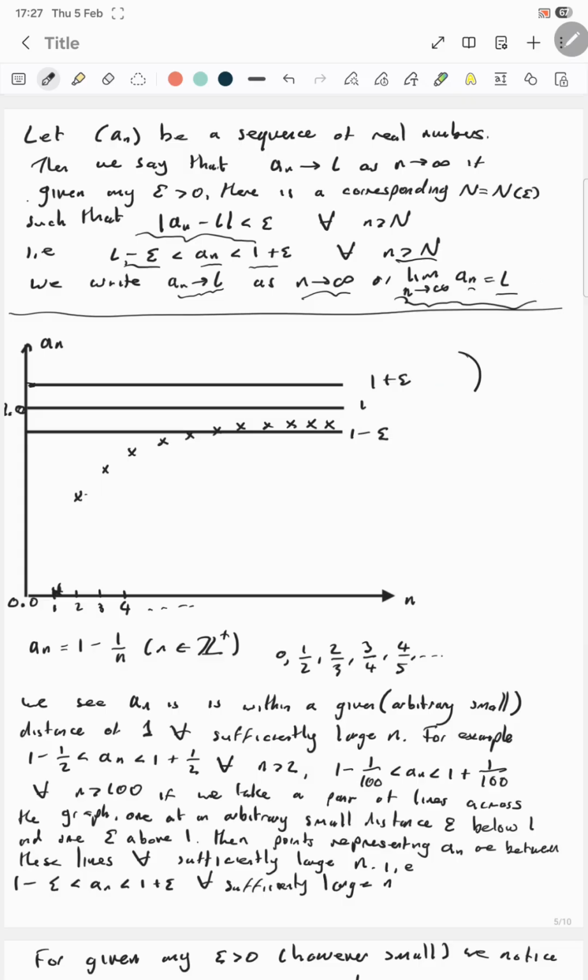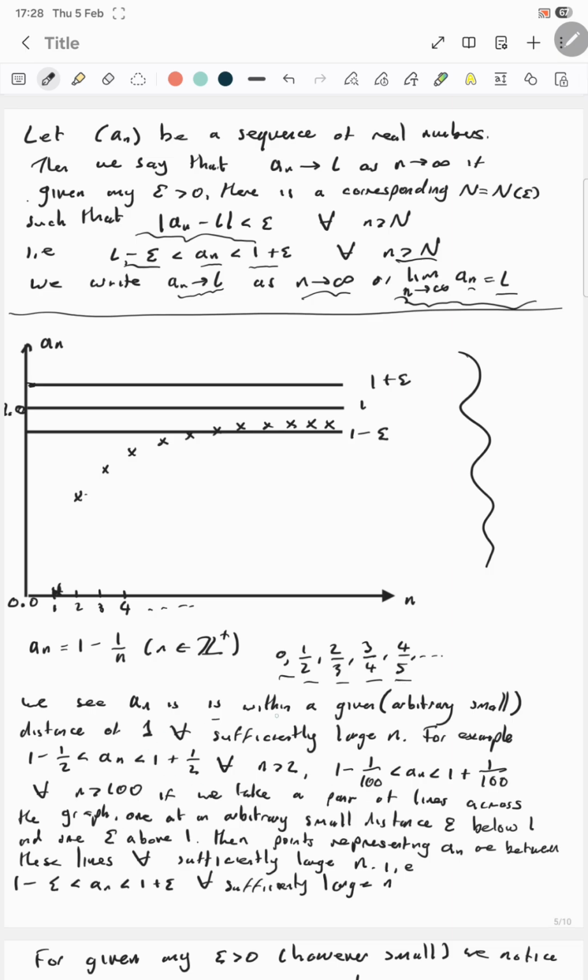Now, here's a quick example. Now a of n equals 1 minus 1 over n, where all the n is contained within the positive integers. We'll get 0, 1/2, 2/3, 3/4, 4/5, and so on.